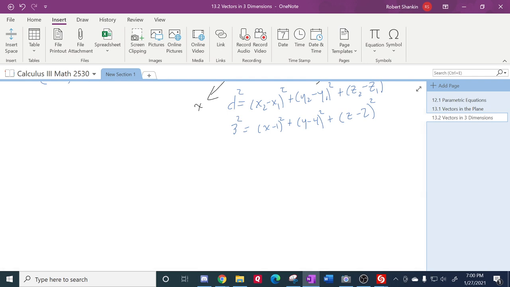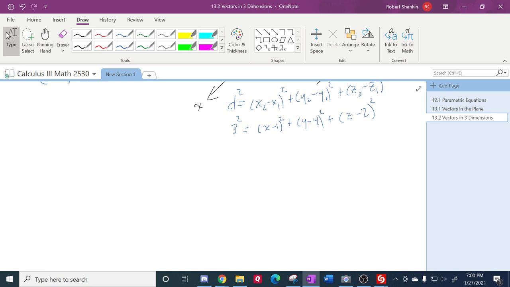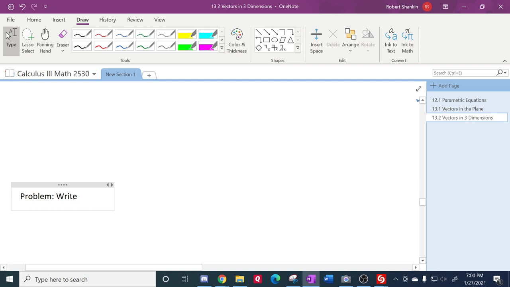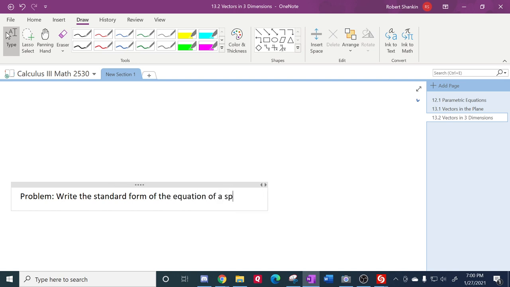Problem: write the standard form of the equation of a sphere with radius r and center (h, k, l).